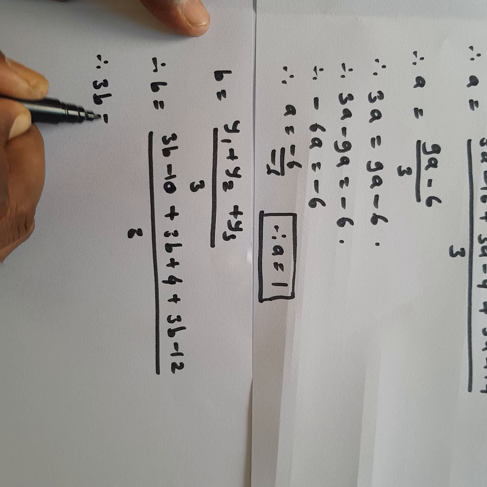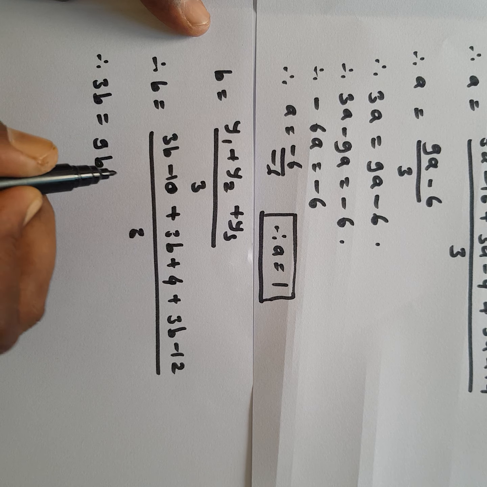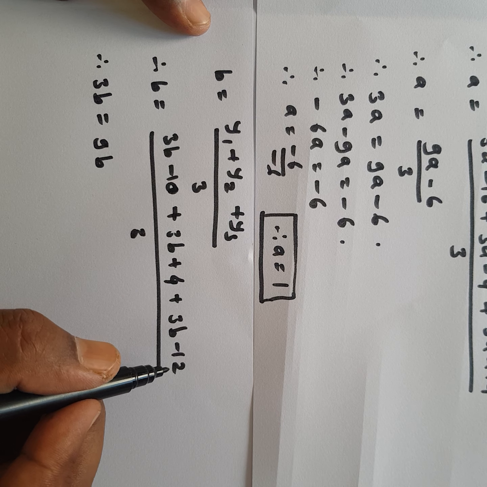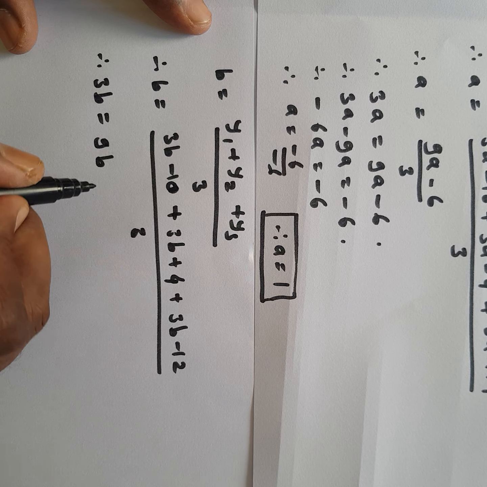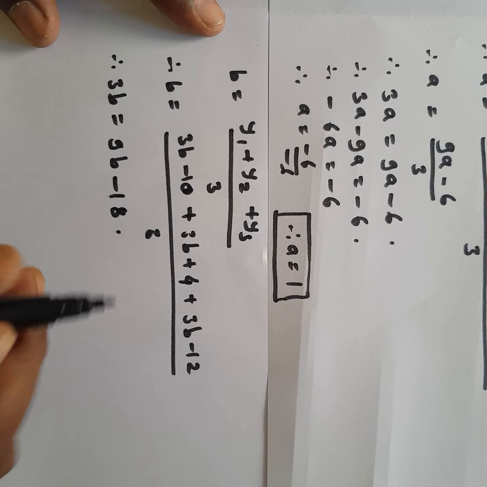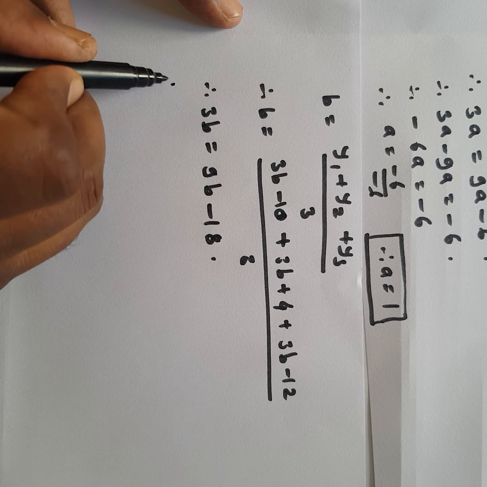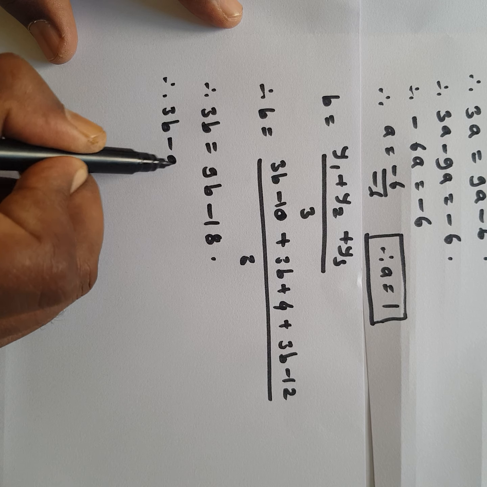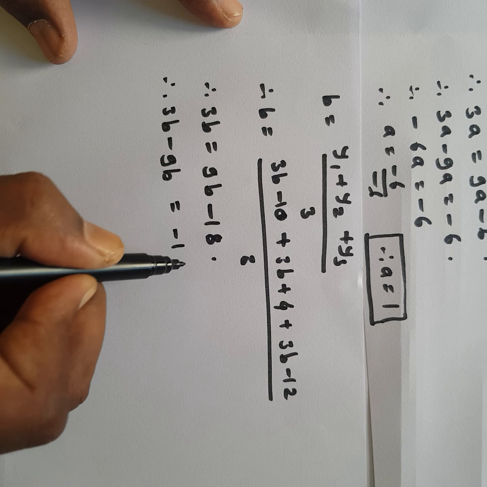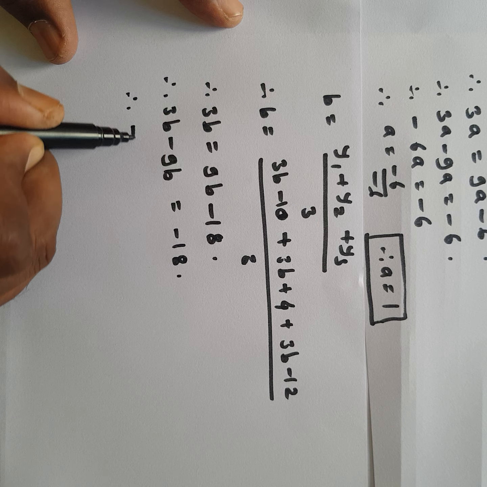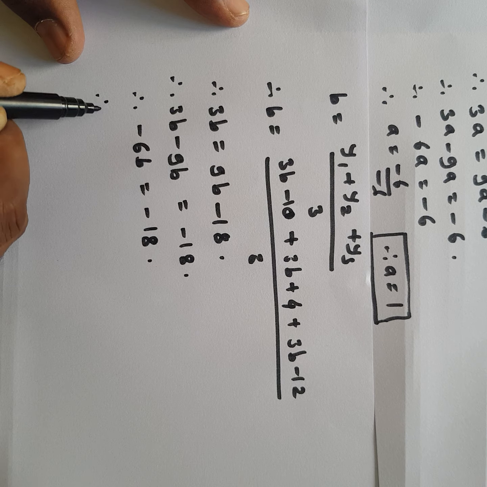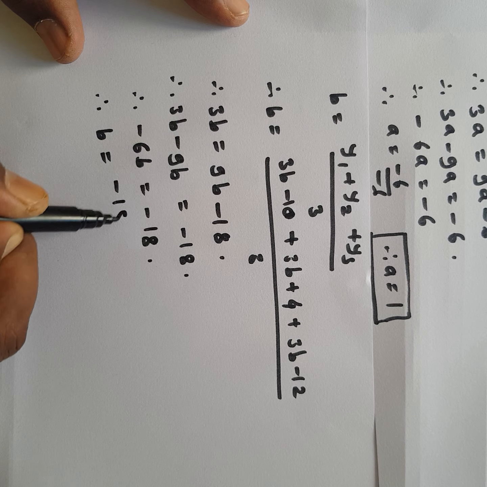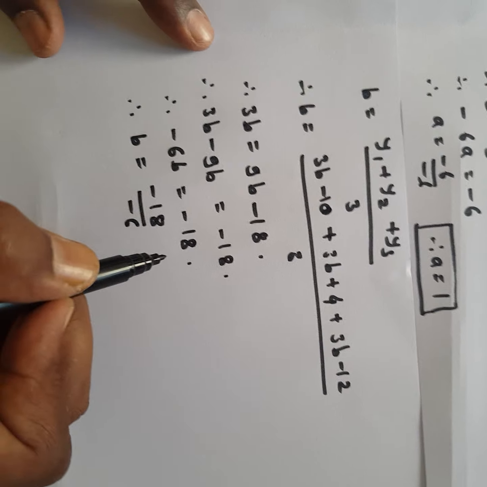Therefore 3b is equal to 9b - 10 + 4 - 12, that is 9b minus 18. Therefore 3b minus 9b is equal to -18. Therefore -6b is equal to -18. Therefore b is equal to -18 upon -6.